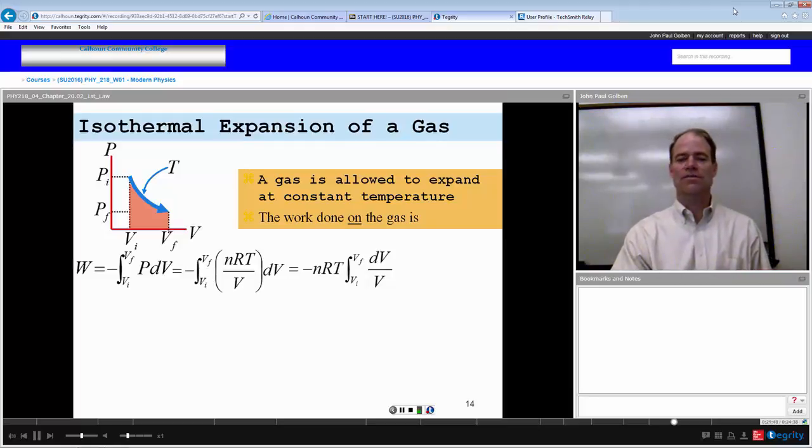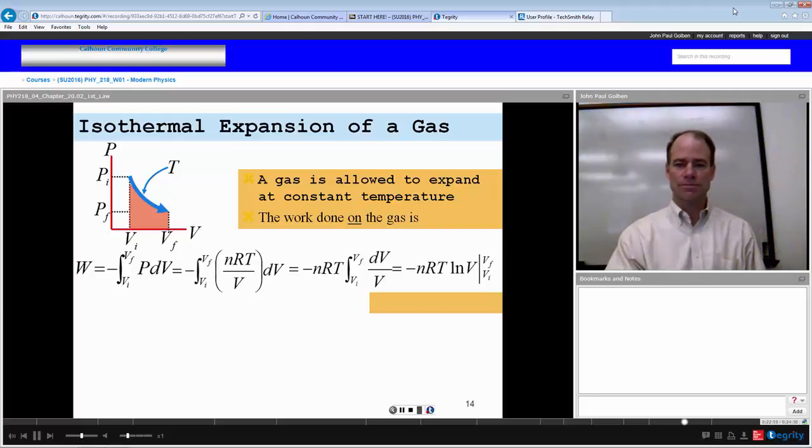So we're going to take those out of the integral, and we have that the work is equal to negative n times R times T, and now we have the integral from initial to final volume of dV over V. You know what that integral is. It's the natural logarithm of, in this case, V, evaluated from initial to final volume.